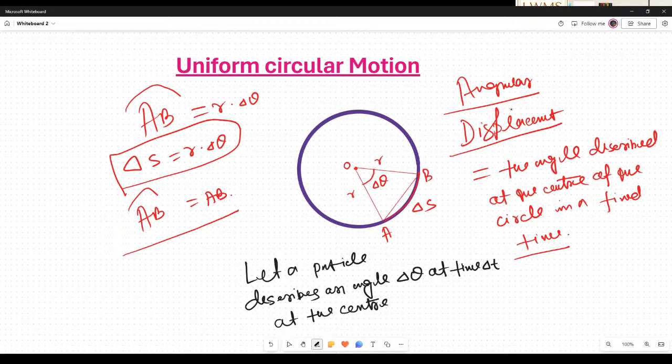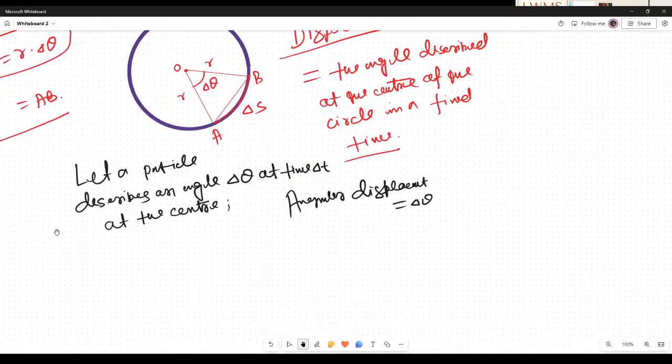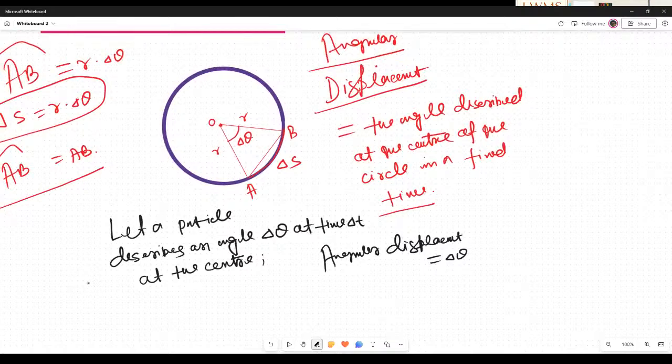Particle going from A to B. Then angular displacement is equal to delta theta. What is the linear displacement? Linear displacement is AB, but we will be defining it along the circumference of the circle. So in that sense, it is not displacement, it is distance.